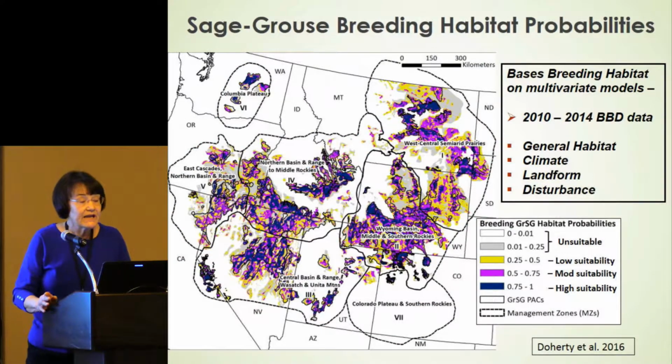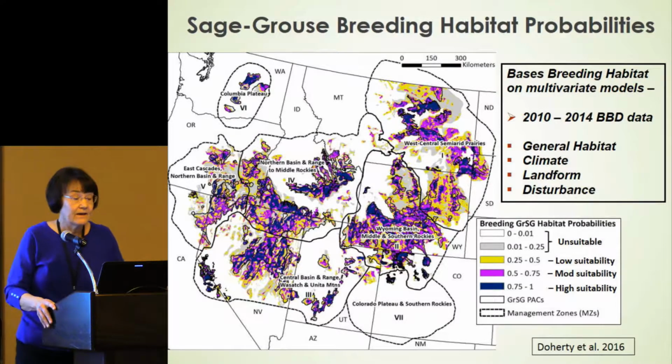Now, in order to link our understanding of resilience and resistance with information on sage-grouse habitat, we used the sage-grouse breeding habitat probabilities that were developed by Kevin Doherty and his colleagues.